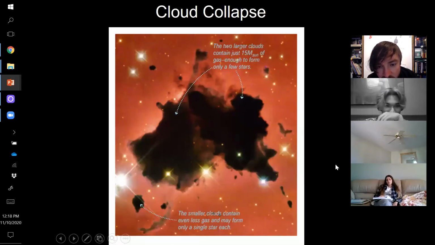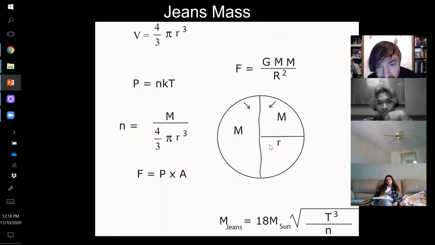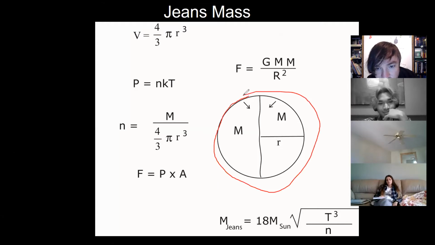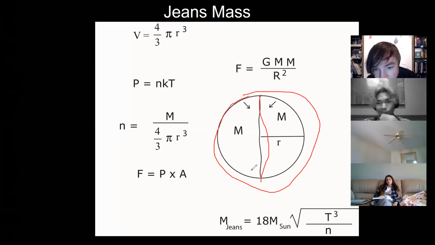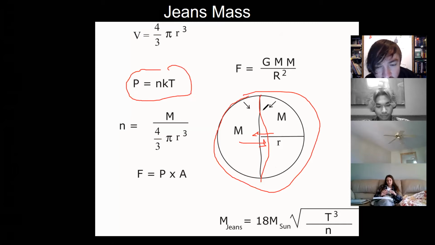Now, I'm not going to do the derivation of the Jeans mass, although the book tries to do it. The way he did it was not overly complicated. He just imagined he had a spherical cloud, and then he chops the cloud in half, and he asks, what is the gravitational force of the 2 halves of the cloud pulling together? And then he uses the ideal gas law and says, what's the pressure of the cloud pushing out against itself?